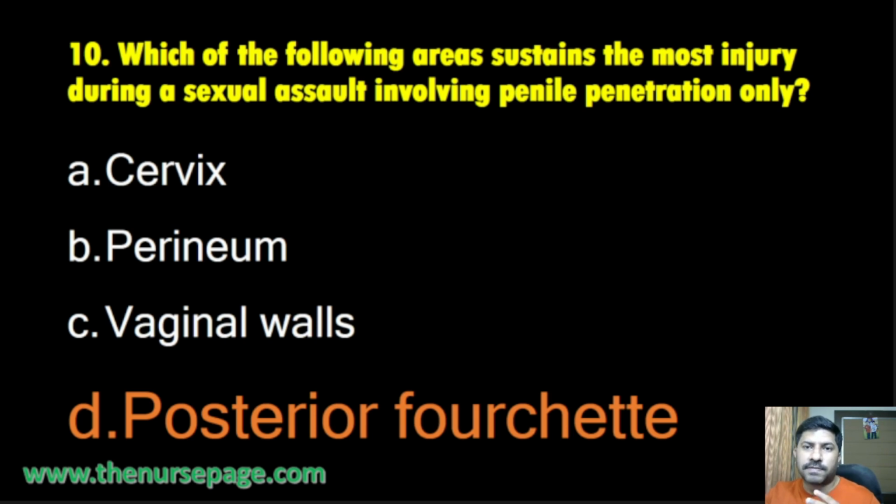So in the case of penile penetration, the areas are labia minora, posterior fourchette, and fossa navicularis. In the case of digital or finger penetration, the areas may be labia minora, posterior fourchette, fossa navicularis, vaginal walls, cervix, and also the perineum.